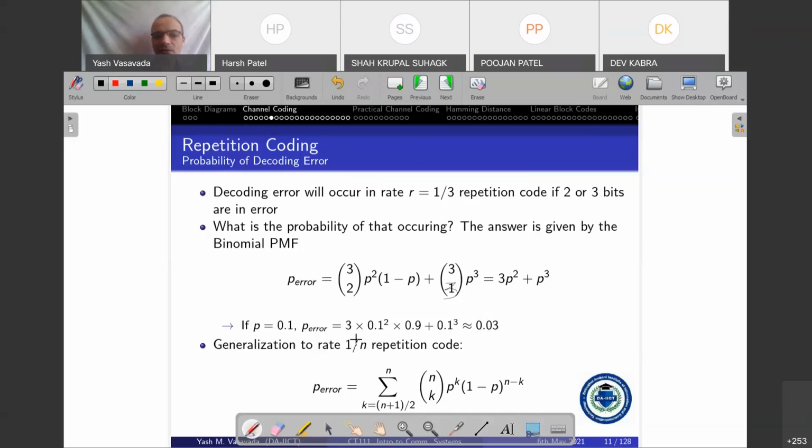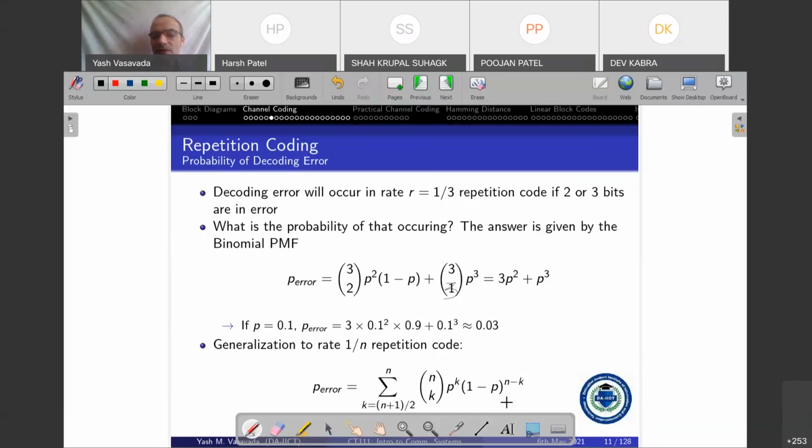For the higher value of n, this formula here generalizes to this formula. All we are doing is evaluating the binomial PMF and adding the right hand side half of the PMF, from (n plus 1) divided by 2 up to n.